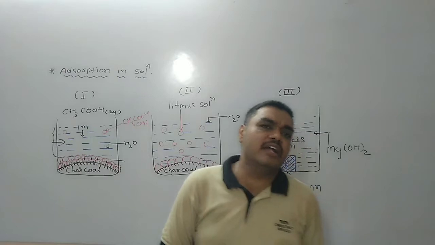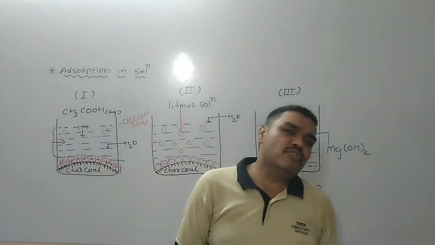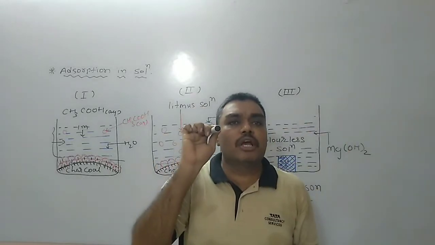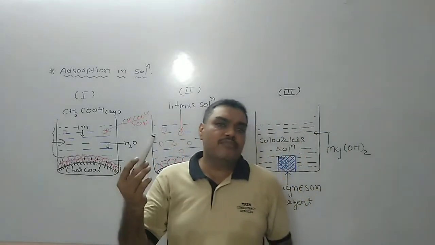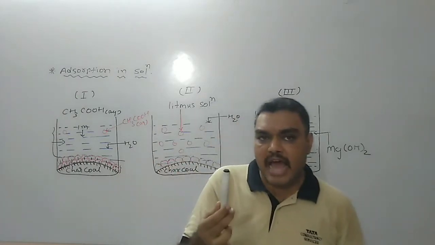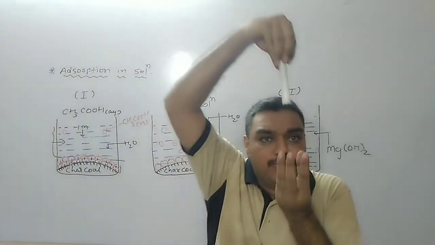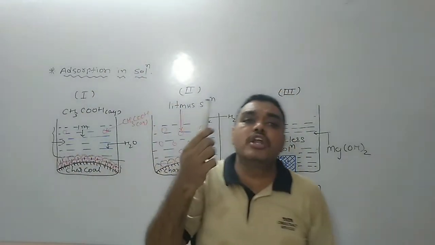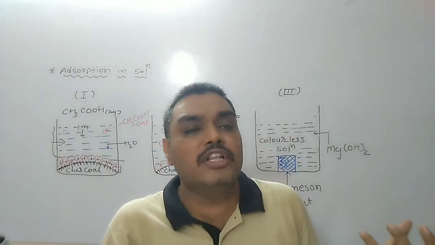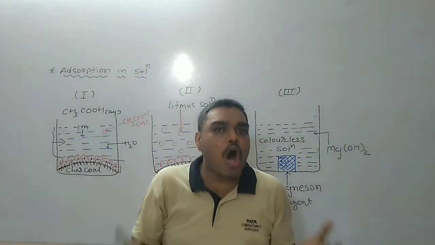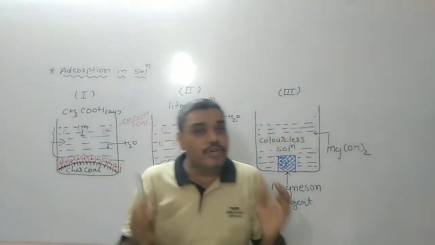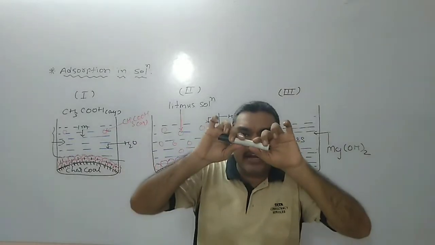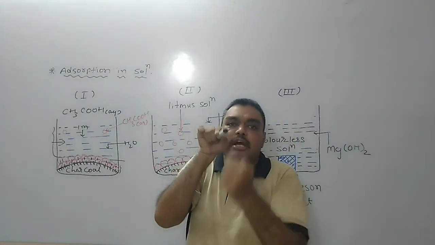Some students ask, sir, sometimes we color a chalk stick and break it, then the whole chalk stick becomes colored. You will find that if you take a pure organic dye, not the aqueous solution, and dip the chalk stick in it, and after some time take it out and break it, it is a pure solvent or pure liquid which becomes absorbed in the chalk stick, and if you break it, the whole portion becomes colored.